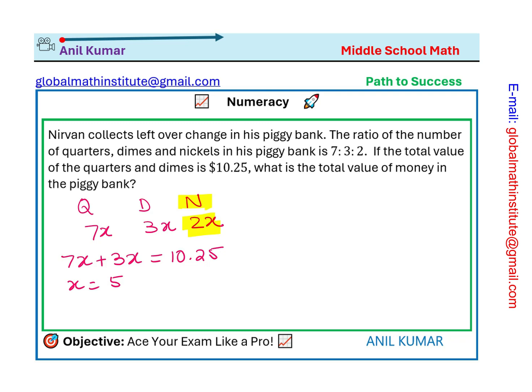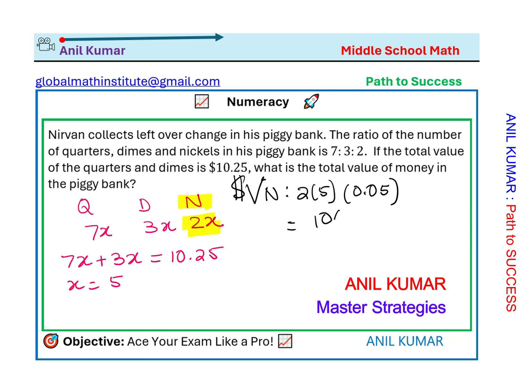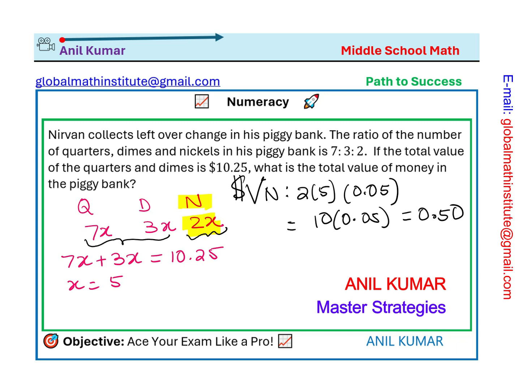A nickel is 5 cents, so the dollar value of nickels will be 2 times 5 times 0.05, which is 10 times 0.05 or 50 cents.